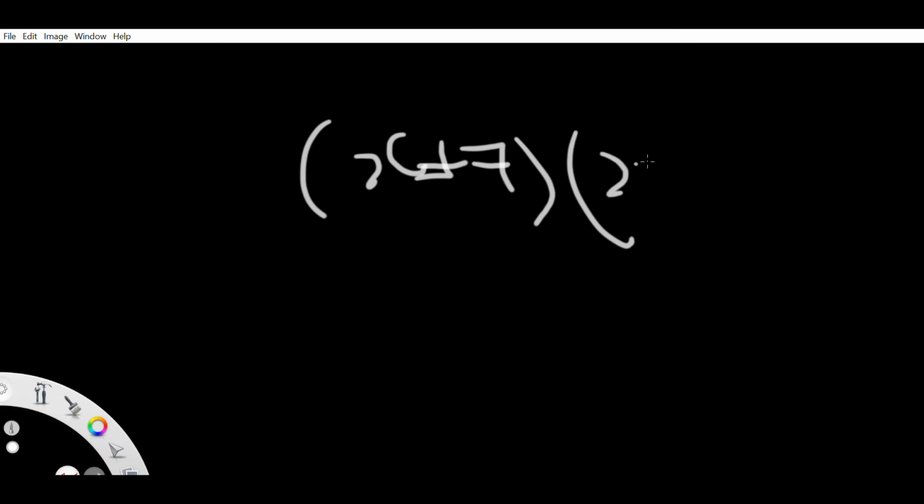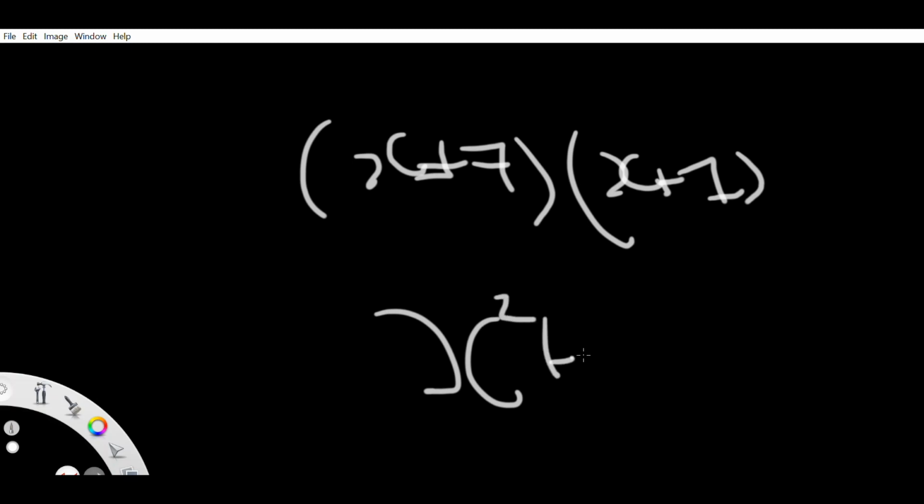Now let's do a few problems. We have x plus 7 squared, which is basically x squared plus 14x plus 49. A way to think of it is the first term is x multiplied by itself, the beginning term multiplied by itself.